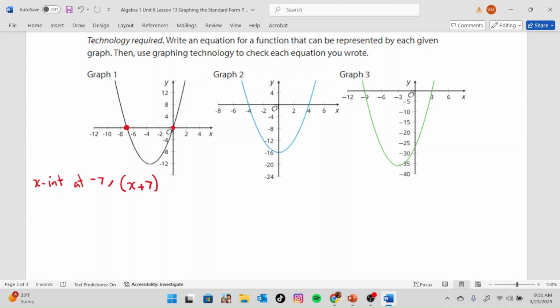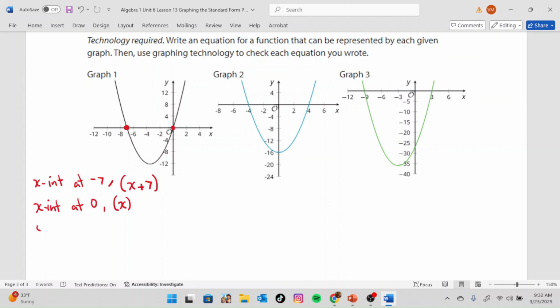Then I notice I have an x-intercept at 0, which means I have a factor of just x, because if I set it equal to 0, then it equals 0 for y. So these are my two factors that give me these two x-intercepts.